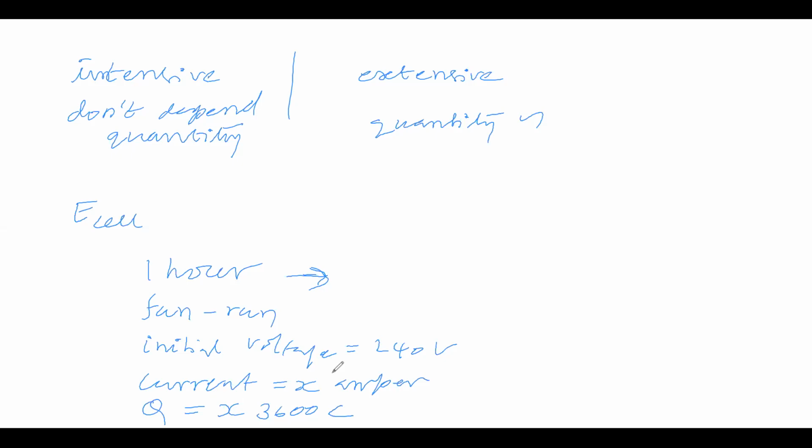Will you say the same 240 volts, or is the voltage varying? Wastage and all we consider 0. Is the voltage changing, or is it 240 into 1 hour, or what value do you say?